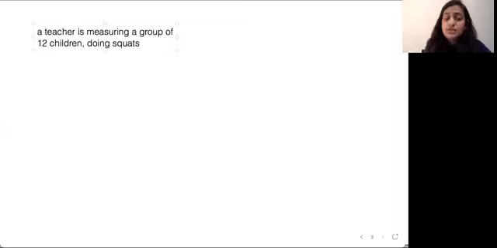This is a little tricky question, but I want you to understand, which is why I'm giving you a difficult question. A teacher is measuring a group of 12 children performing squats. That's what the teacher is doing.